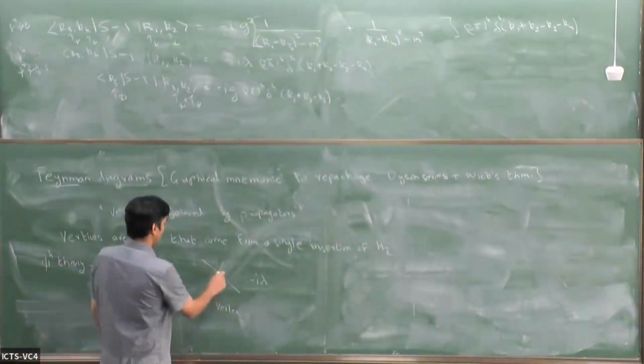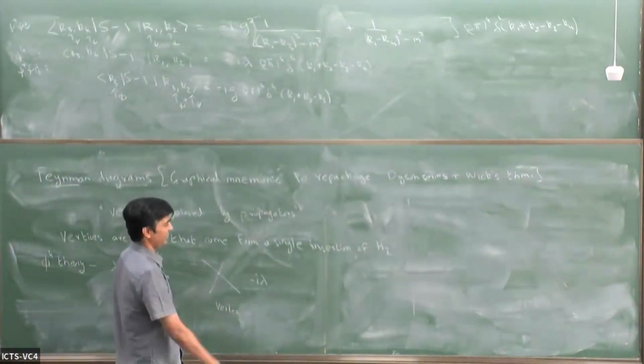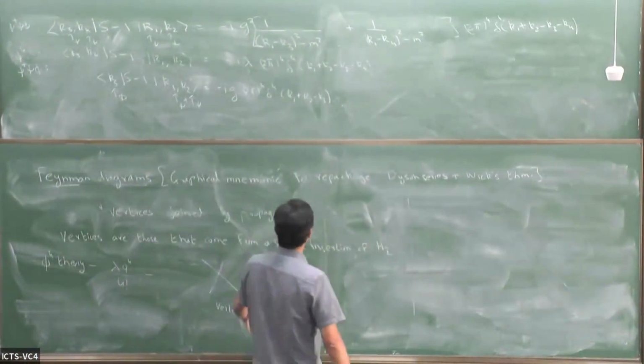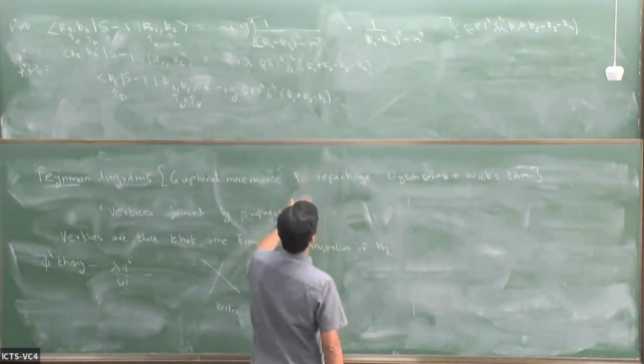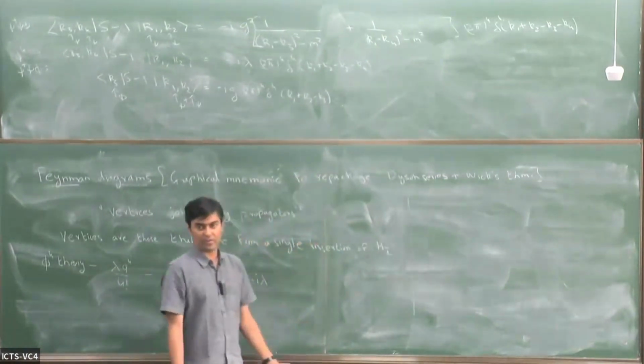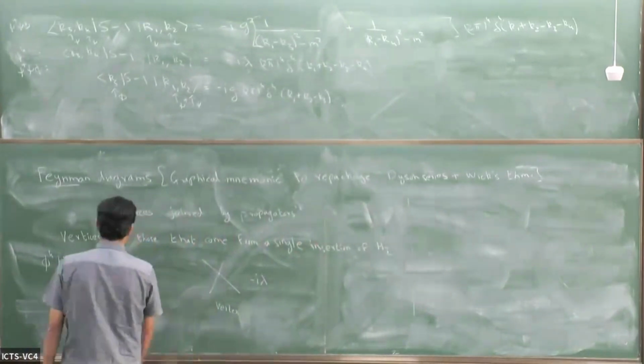In addition, you're supposed to do something at the vertices, which is you're supposed to impose energy momentum conservation at every vertex. Okay, so we impose that.